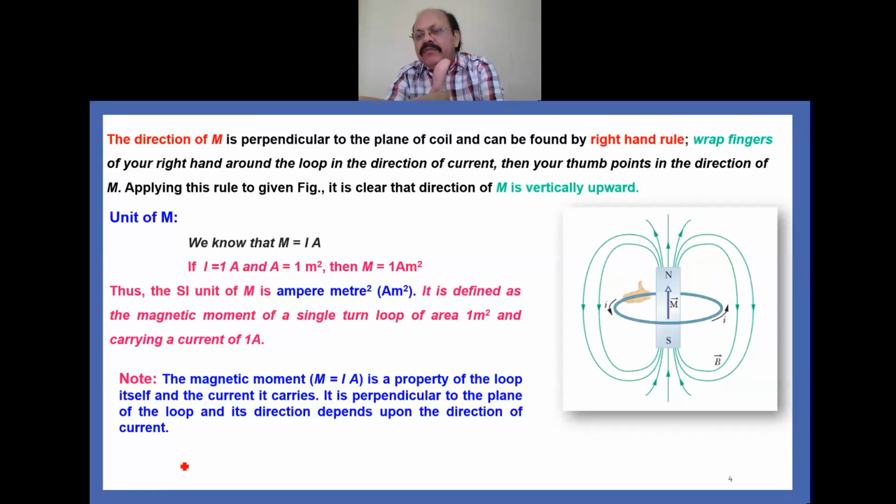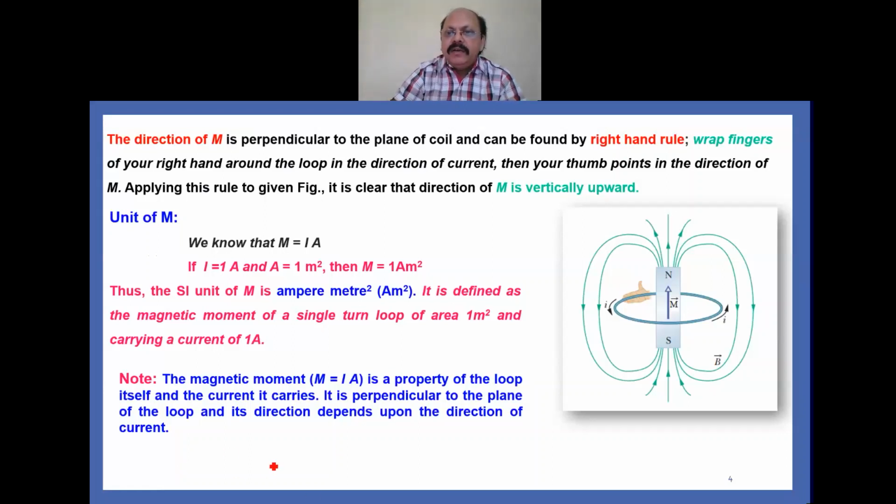So the curl of the fingers towards the nail represents the direction of the current, and then the thumb will represent the direction of the magnetic dipole moment. You see in the diagram also that the loop is held in the right hand, and the curl of the fingers is in the direction of current, then the thumb represents the direction of the magnetic dipole moment.